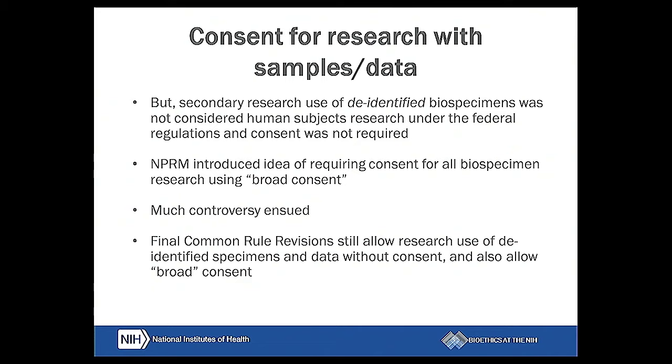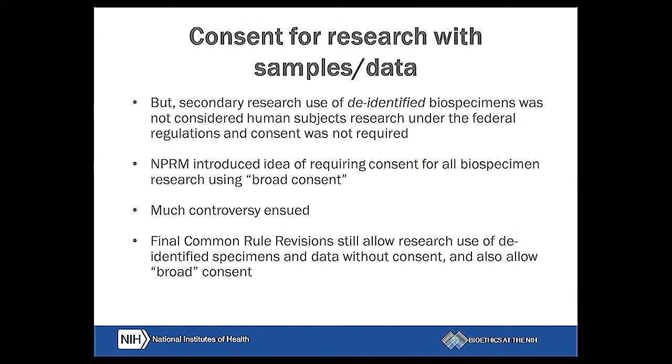As many of you know, the common rule was recently revised, and in the notice of proposed rulemaking, was introduced the idea of requiring consent for all biospecimen research using something that was called in that NPRM broad consent. And that led to huge controversy and debate about whether broad consent should be required.